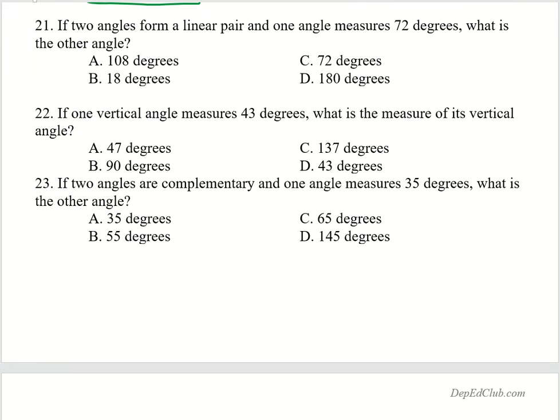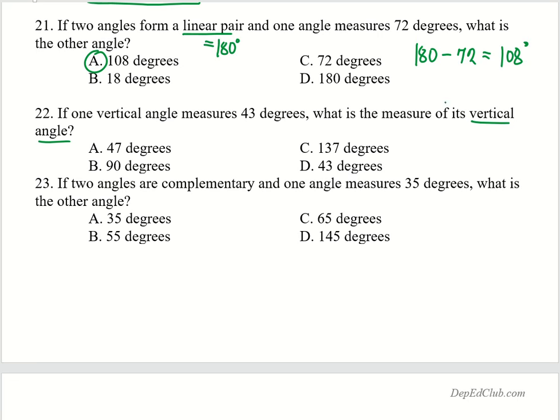21. If two angles form a linear pair and one angle measures 72 degrees, what is the other angle? Linear pair is equal to 180, so you will have 180 minus 72, which is equal to 108. Letter A. 22. If one vertical angle measures 43 degrees, what is the measure of its vertical angle?